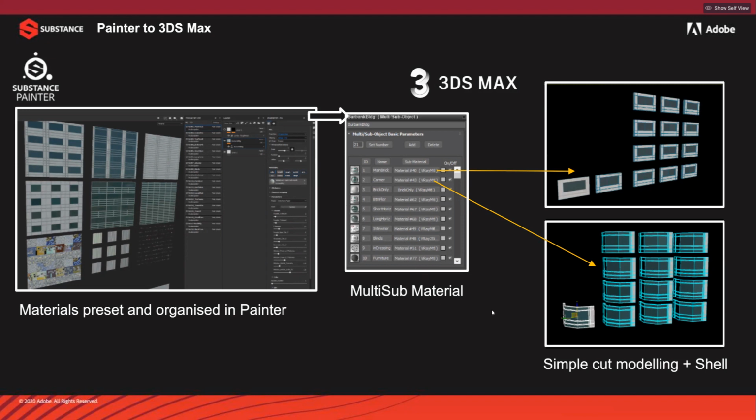Those get set up in a multi-sub back in Max, and you can see how those get split off. On the bottom right, that's just material ID 2. It's the corner, again very clean, simple geometry, and essentially it's just a projection map, right?